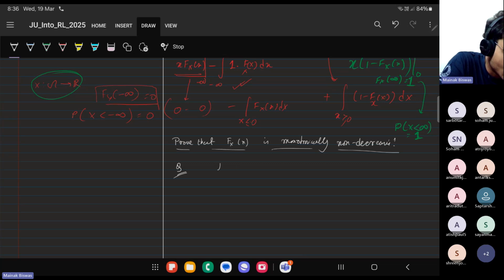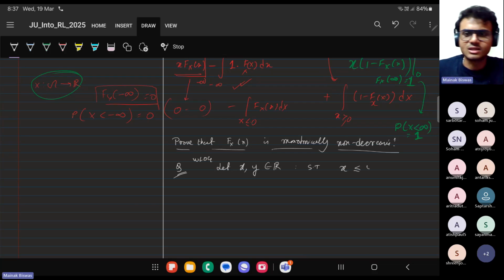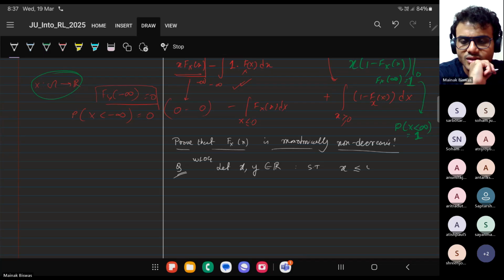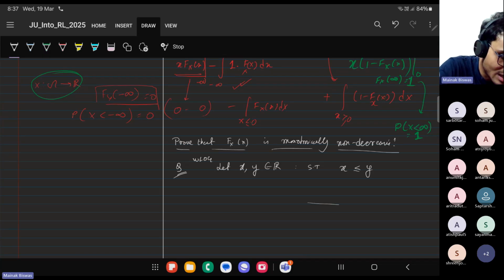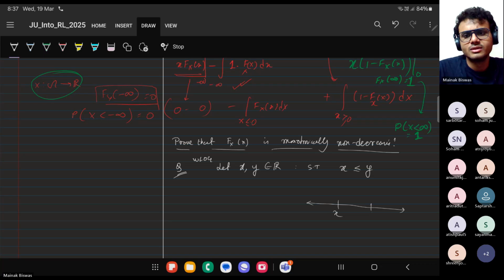So let x and y be two numbers, without loss of generality, such that y is greater than x. Fine. Let us draw the real number line. So this is x and this is y. Fine. Yes or no?